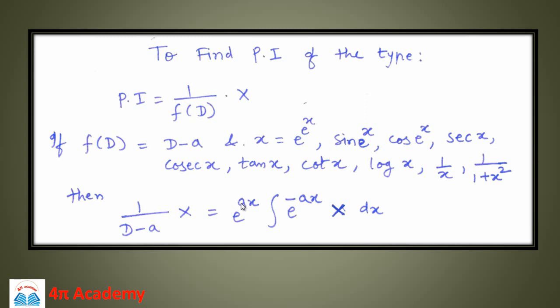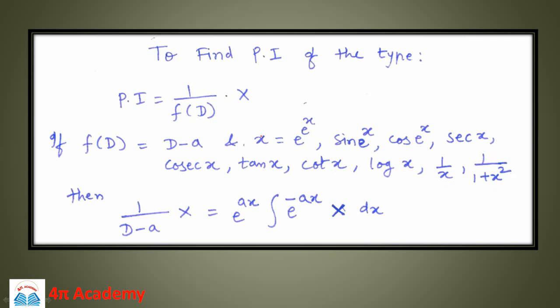So the first type is to find the particular integral, which is defined as 1 upon f of D into X, where this X is of the type e raised to power x, or sine of e raised to power x, or cos of e raised to power x, sec x, cosec x, tan x, cot x, log x, 1 by x, 1 upon 1 plus x square.